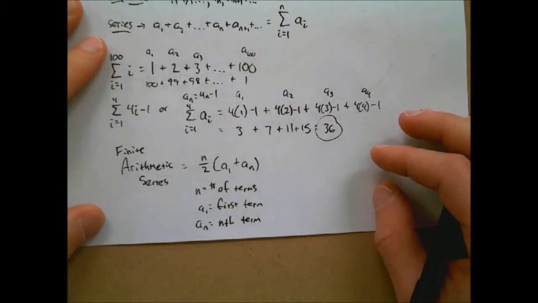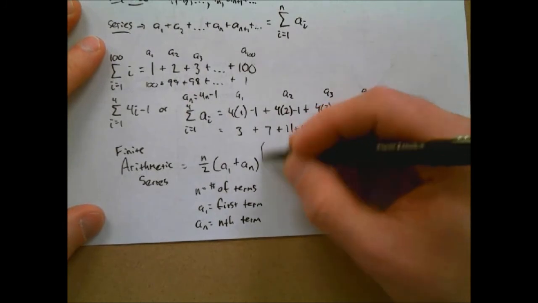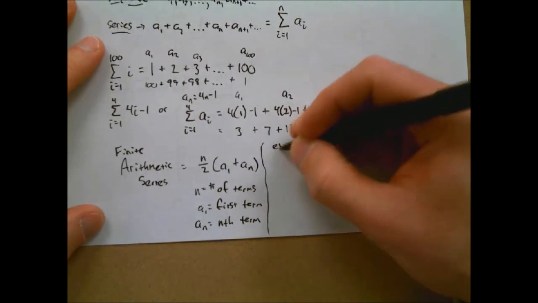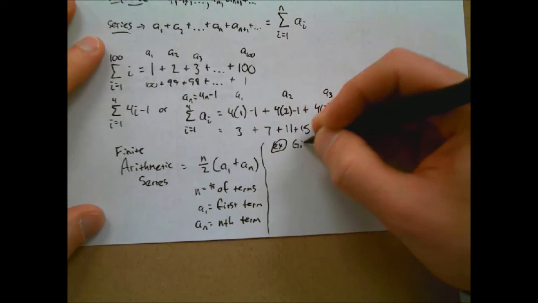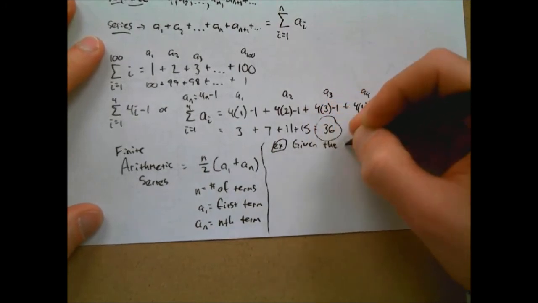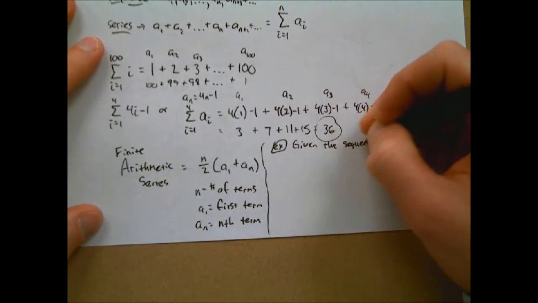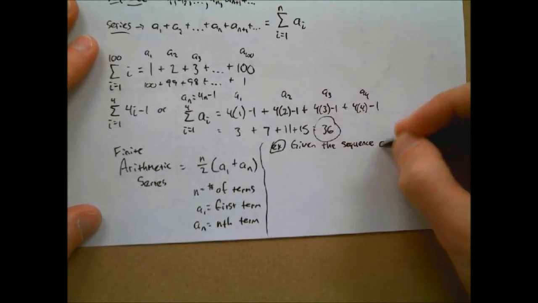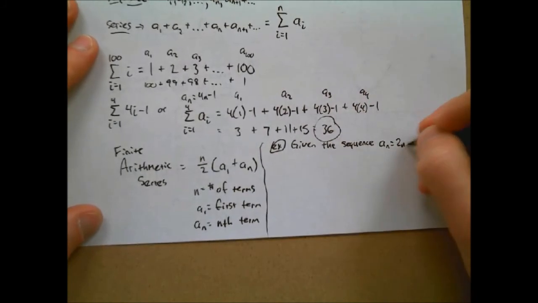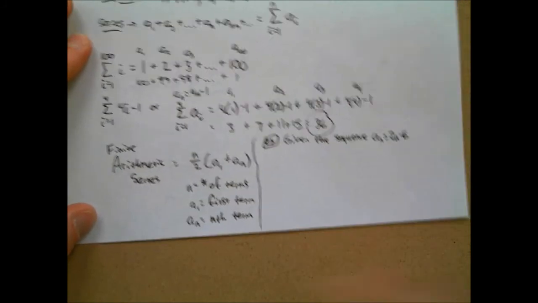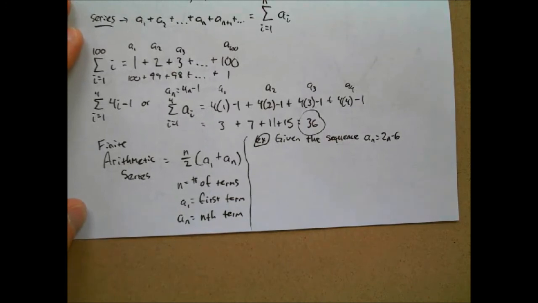All right, let me show you one example with that. I'm going to squeeze it in. Given the sequence a sub n equals 2n minus 6, that's a sequence. In other words, it's a list of numbers.